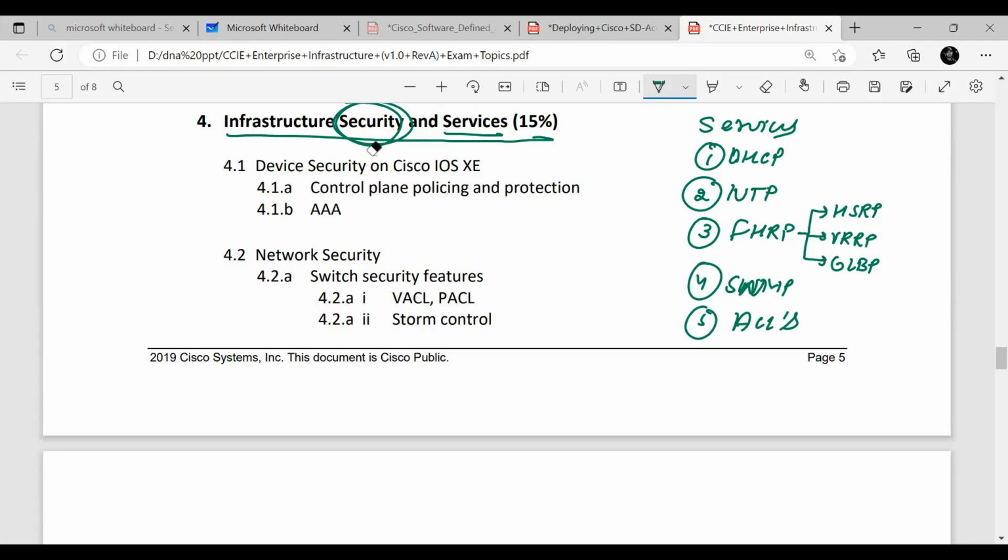The first thing is device security on Cisco IOS XE: control plane policing and protection, known as CoPP. And then AAA, authentication, authorization, and accounting. For this we require ISE, Identity Services Engine.